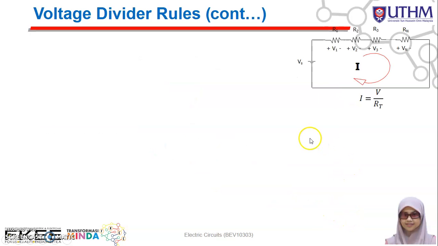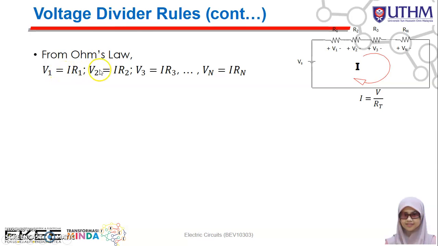Okay, so next, this is from Ohm's law, which I recalled just now. V1 is equal to IR1, V2 is IR2, V3 is IR3, Vn is IRn. This one we consider as equation number 2. So you can substitute equation 1, I equal to V over RT, into equation 2 here.